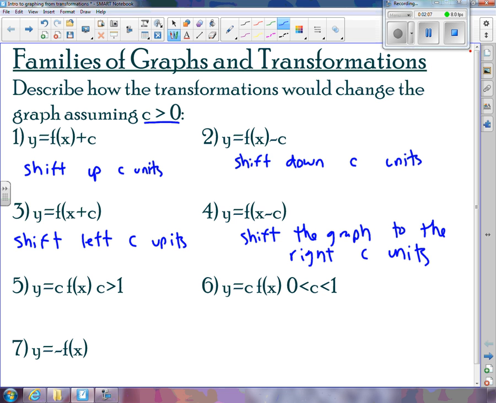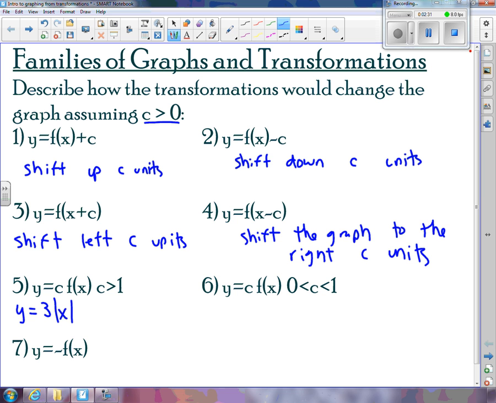So now here's the one that's a little bit harder. So here this affects how stretched out the graph is when I multiply a number in the front of the function. So for example, if I had something like 3 times the absolute value of x, hopefully you remember from yesterday that 3 affects how stretched out the graph is, or how skinny or wide the graph is.